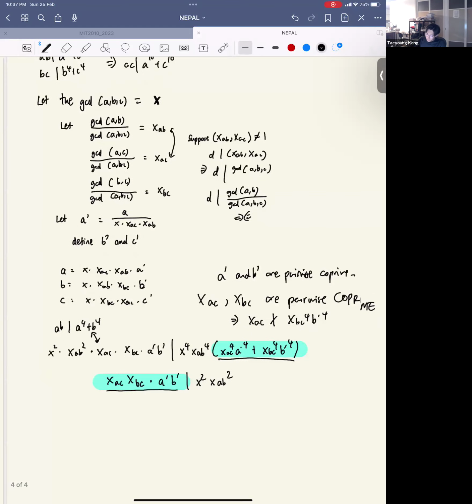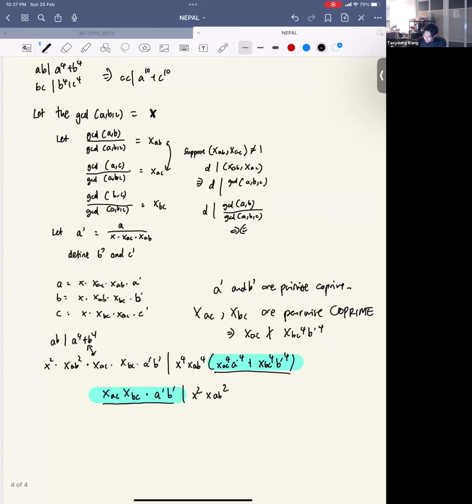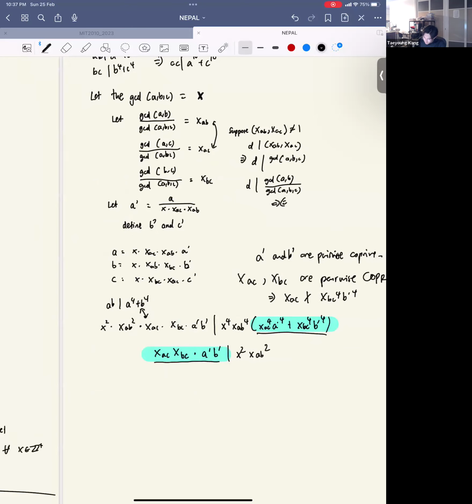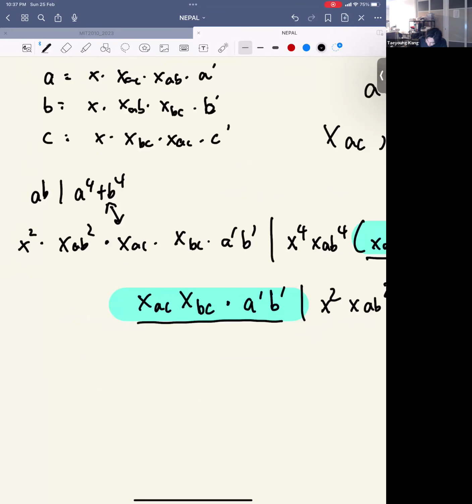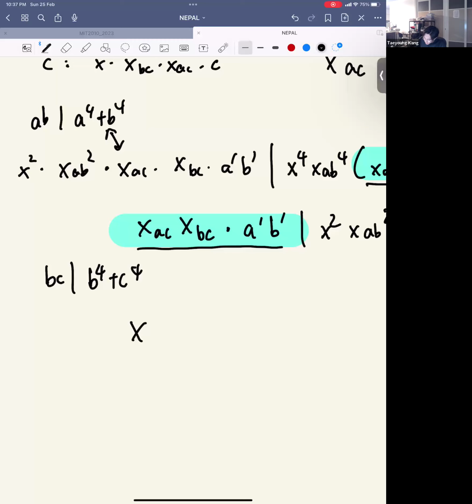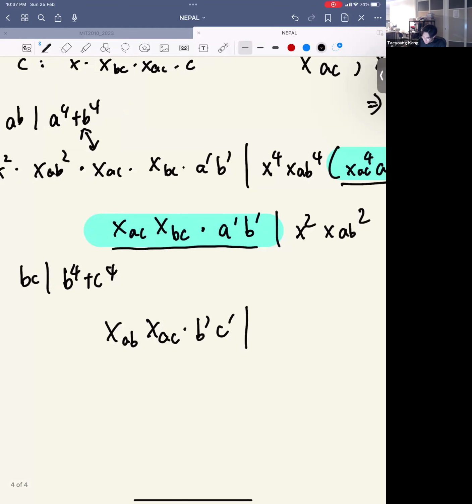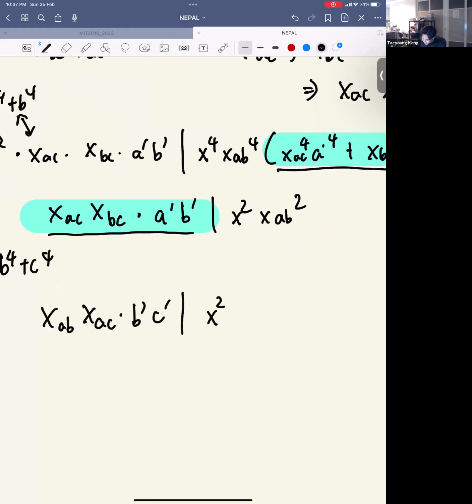So the other divisibility condition, which is BC divides B to the power of 4 plus C to the power of 4, implies that XAB XAC times B prime C prime divides X square XBC squared.